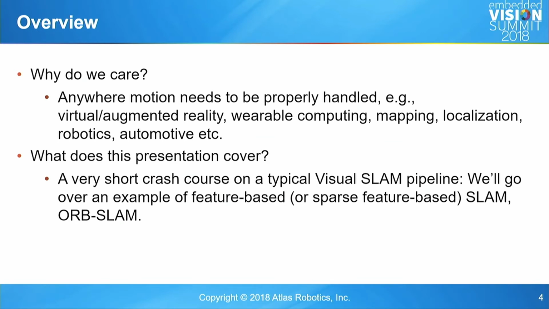So why do we care about SLAM technologies and all the building blocks in SLAM? Because in any application where the motion of the camera or the motion of an object has to be handled properly, the techniques I'm going to explain will be used. Examples are mapping and localization, of course, and robotics.